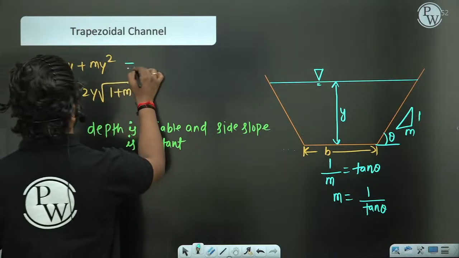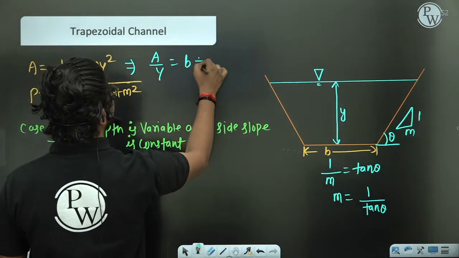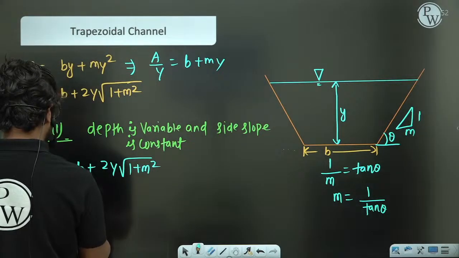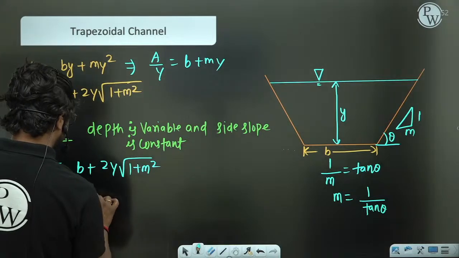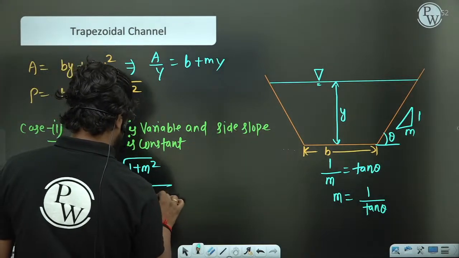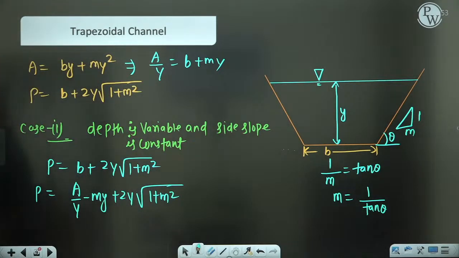I can write like this now: A by y is equal to b plus my. So b will be equal to A by y minus my. Actually, I want to remove this b part, and for that I have done this.